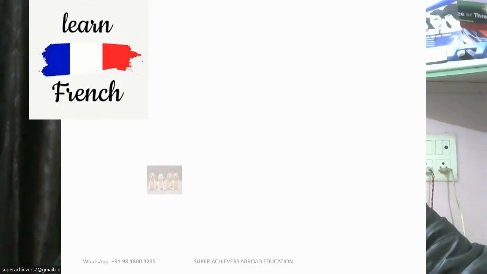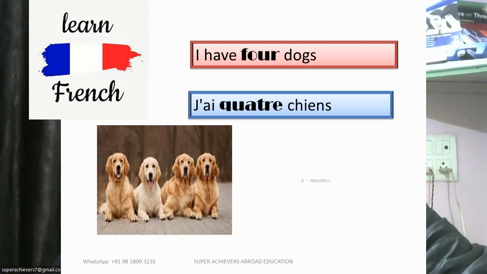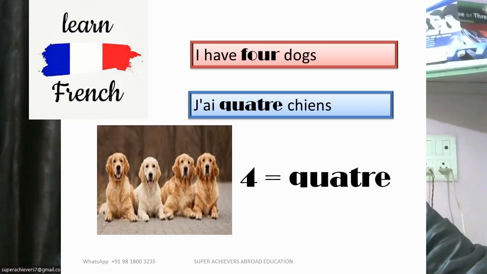Another word is four. For the cat we say chat, and for the dog we say chien. Chat means cat, chien means dog.